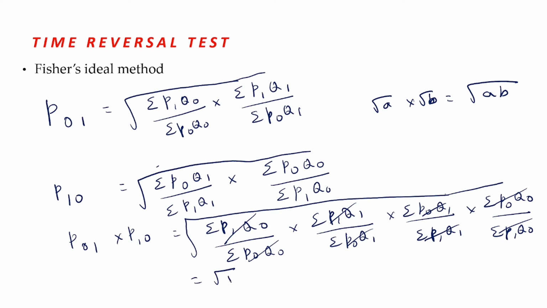This is equal to root 1, which is equal to 1, which means Fisher's ideal method satisfies the time reversal test. So Laspeyres method and Paasche's method do not satisfy time reversal test, whereas Fisher's ideal method satisfies time reversal test.